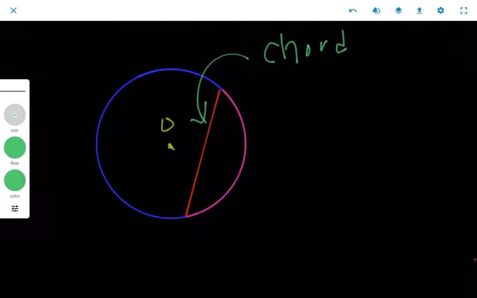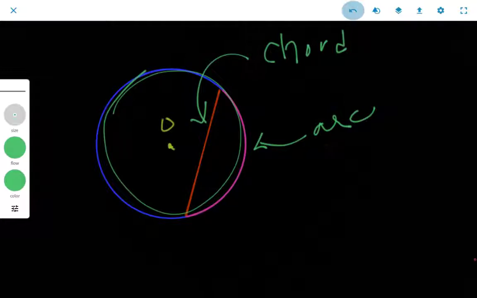The part of the circle that is included between 2 points of the circle is called an arc. So this pink area is the arc, understand? So what is the circumference? I told you circumference is the whole thing, the whole circle line. Understand?